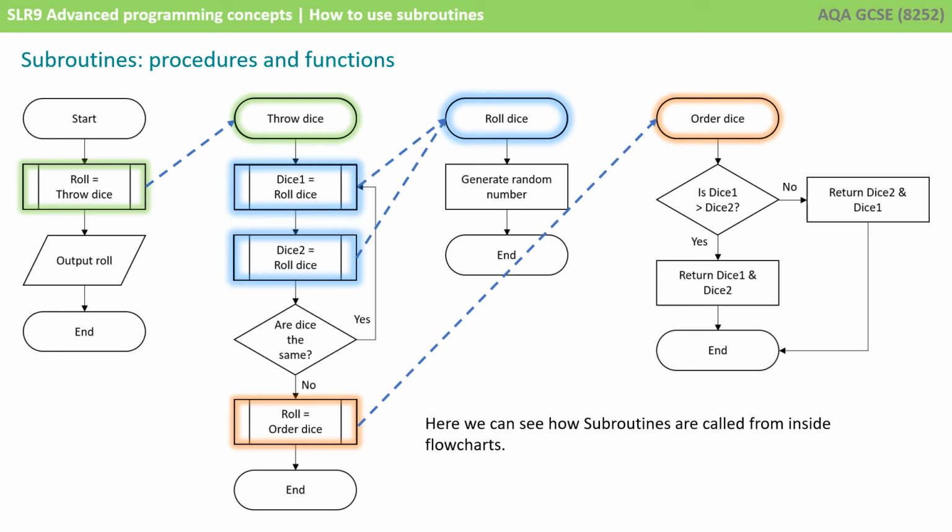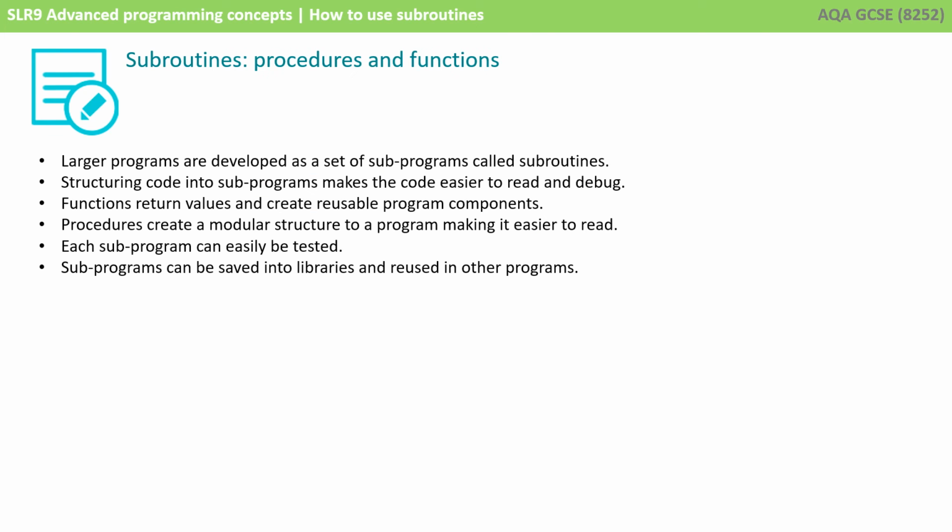So let's just recap then. Larger programs are developed as a set of subprograms called subroutines. Structuring code into subprograms makes the code easier to read and debug. Now there are two types of subprograms.